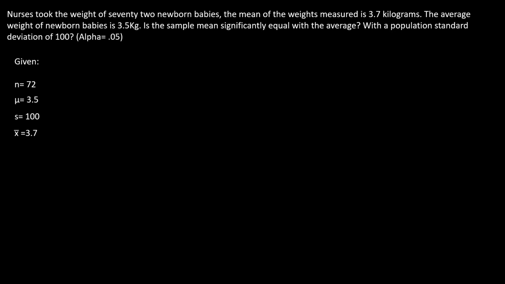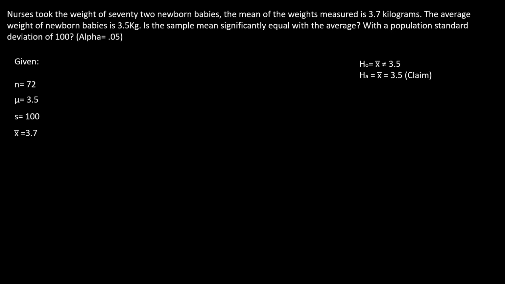We are given a sample of 72, the mean is 3.5, the standard deviation is 100, and the sample mean is 3.7. Our null hypothesis will be the sample mean is not equal to 3.5, and our claim or alternative hypothesis is the sample mean is equal to 3.5.